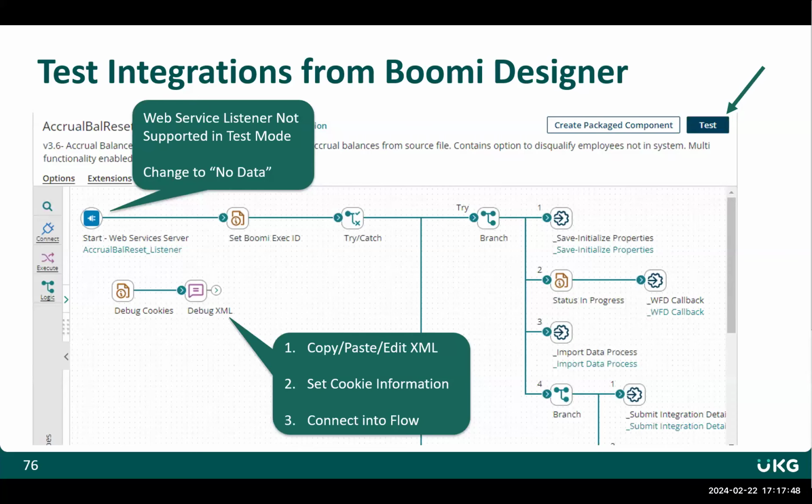If you've never copied and pasted XML from process reporting before, this is going to be new to you. If you've never edited XML before, this is going to be new to you. If you've never gone into developer tools to take a look at live cookie information, this is going to be new to you. So there may be a few steps that I'm going through here that you've never seen before.